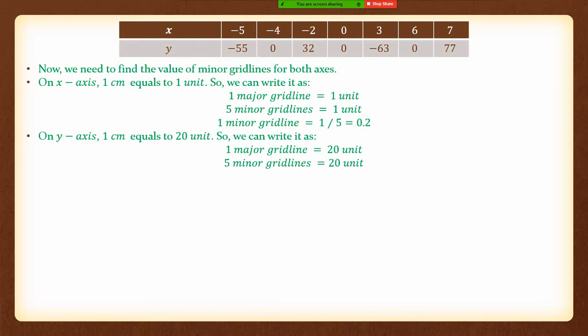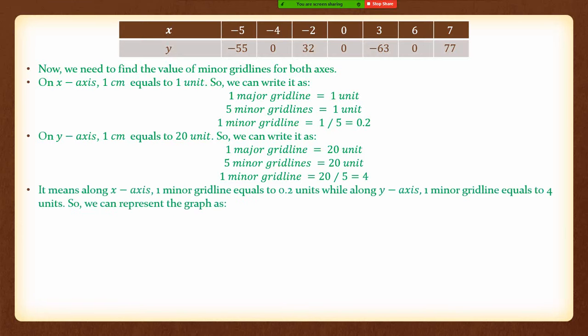So 1 minor grid line equals 20 upon 5 equals 4. So along the y-axis, the vertical axis, 1 minor grid line equals 4. It means along the x-axis, 1 minor grid line equals 0.2 unit, while along the y-axis, 1 minor grid line equals 4 units.